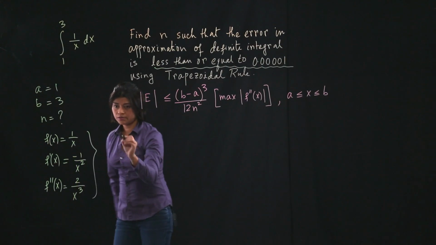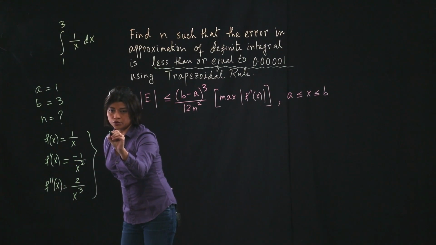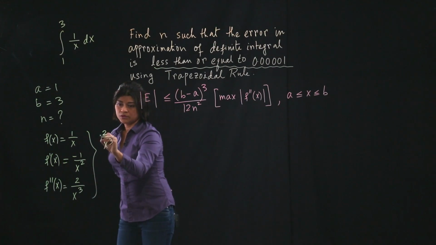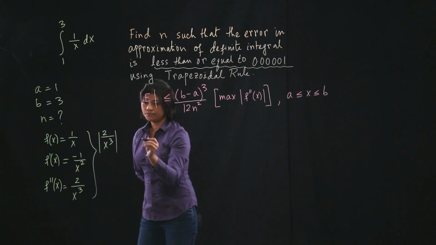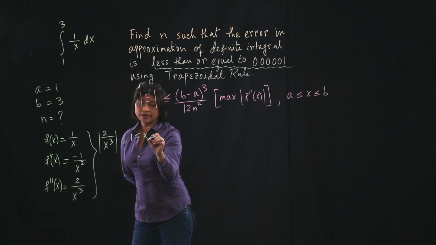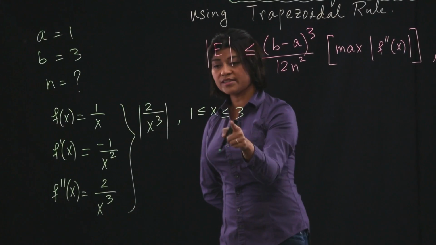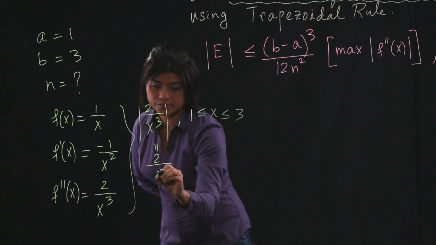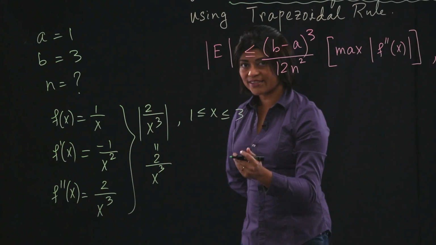So think about it. The function is 2 over x cubed, right? Take the absolute value for x between 1 and 3. Well, x is positive, so this whole quantity is positive. So this is just 2 over x cubed. Now, what is the max of it?